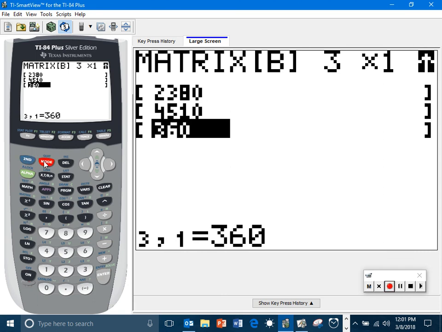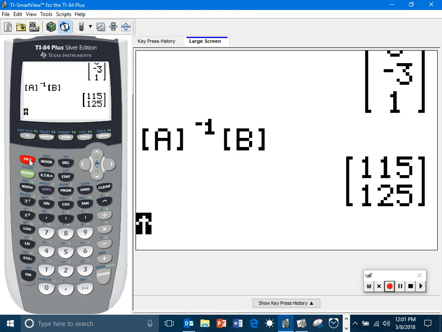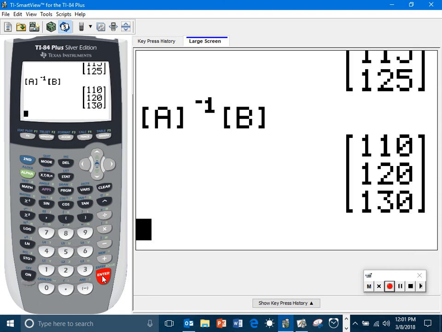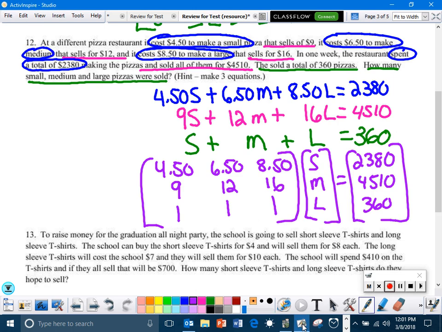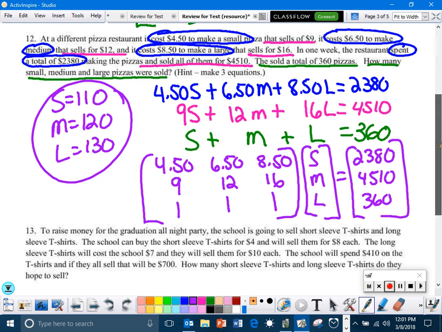All right. Again, a decimal would not make sense. So 110, 120, 130. All right, moving on. One more word problem.